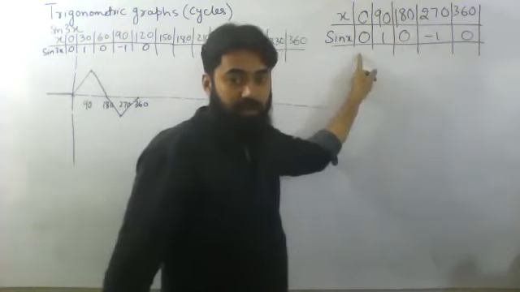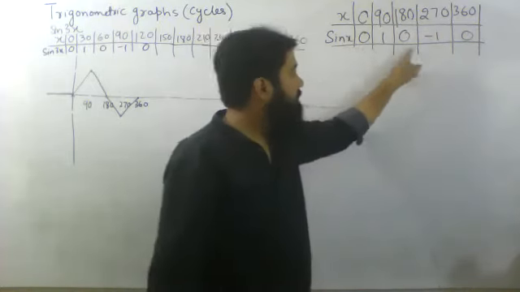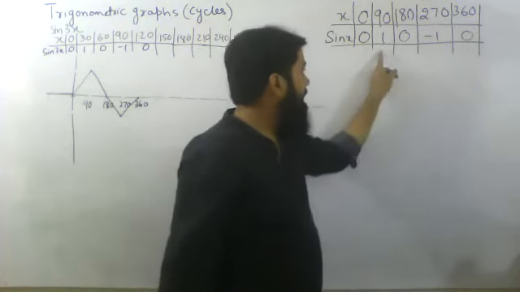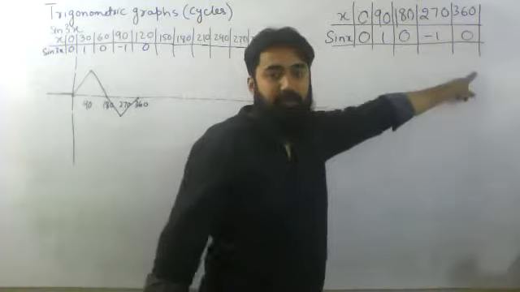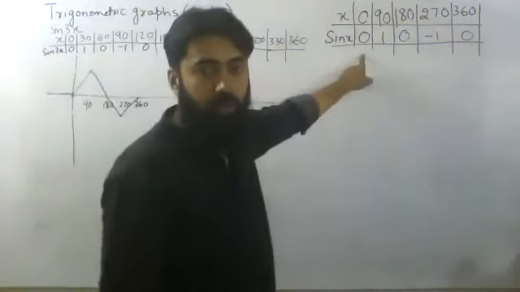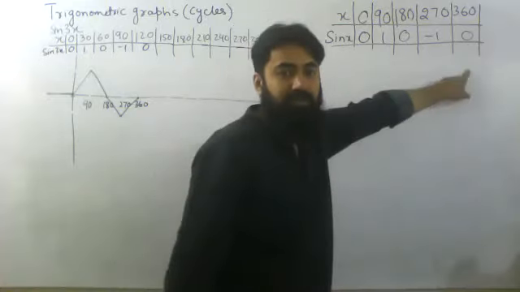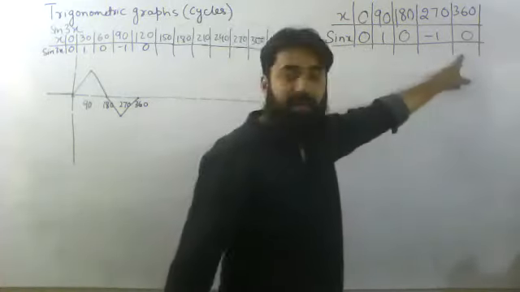This 0 is also at the start, so you will not write 0, 0. You write 0, 1, 0, -1, 0. And then 1, 0, -1, 0. First of all, you will start from 0: 0, 1, 0, -1, 0. But when you are going for the second cycle, this 0 is already there.